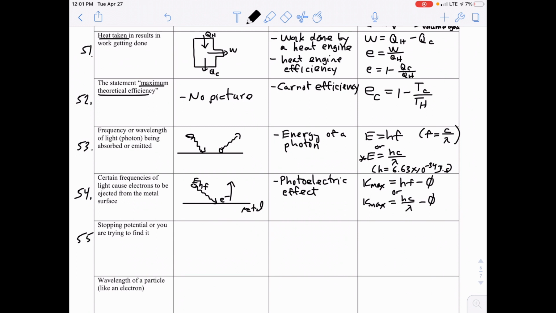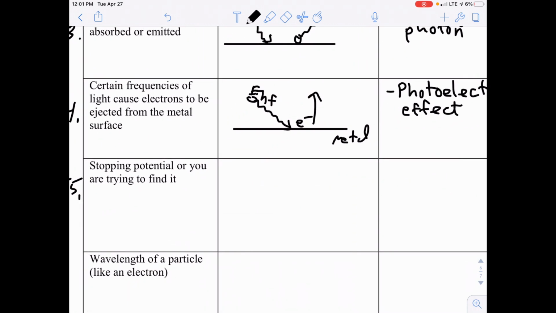Now in 55, what if we are told something about the stopping potential, or it's something you're trying to find? Well, in a typical photoelectric cell, you might have a circuit, and a particular part of the circuit is the collector of the electromagnetic radiation, and then emits electrons across the gap to essentially complete the circuit.